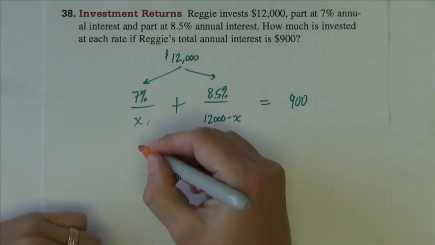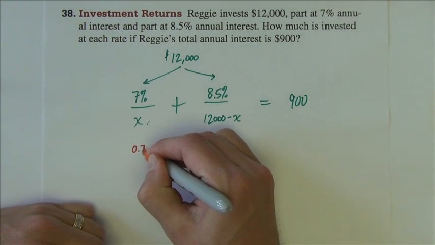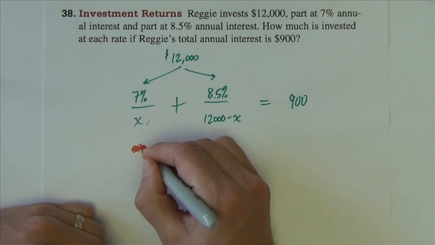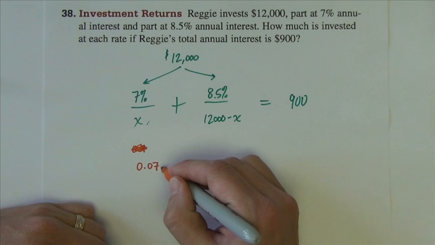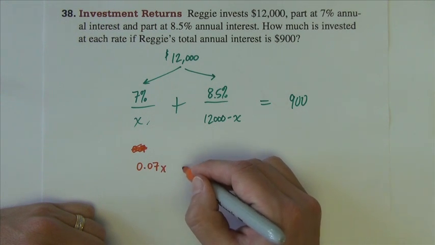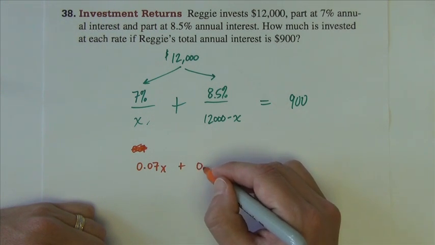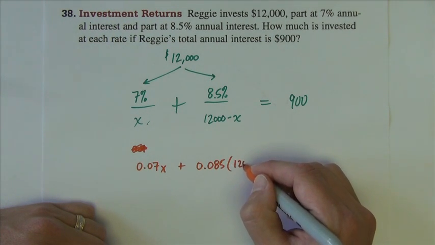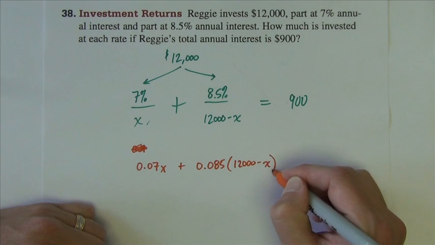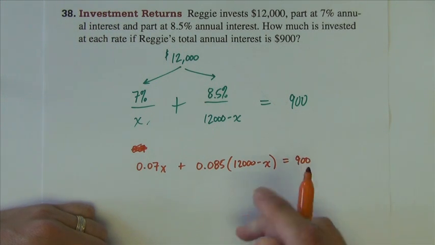So now an equation to solve it. We have 7%, which is not 0.7. Let's start over. 0.07x plus 0.085 times its amount, 12,000 minus x, equals 900.